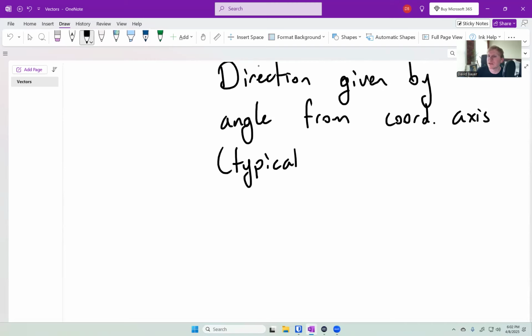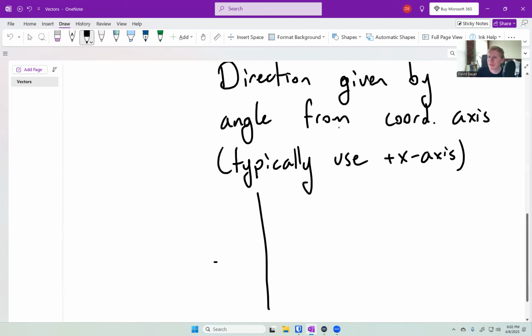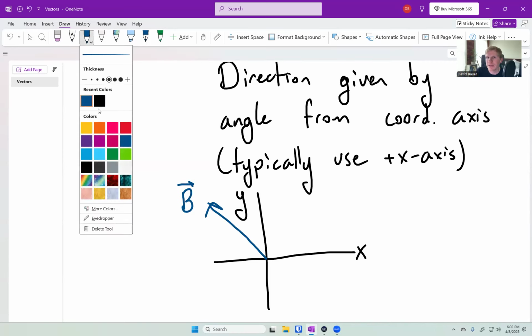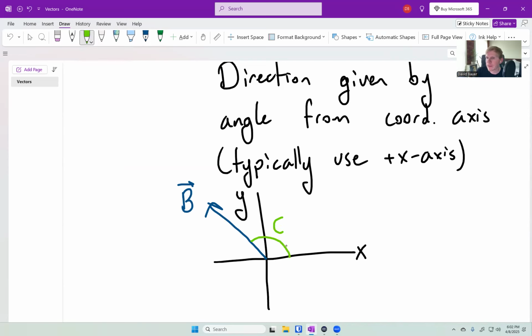Okay, and conventionally, the axis that we choose is the positive x-axis. So when we talk about the angle of a vector, let's say this is a different vector B, we're talking about this angle here, measured from the positive x-axis.